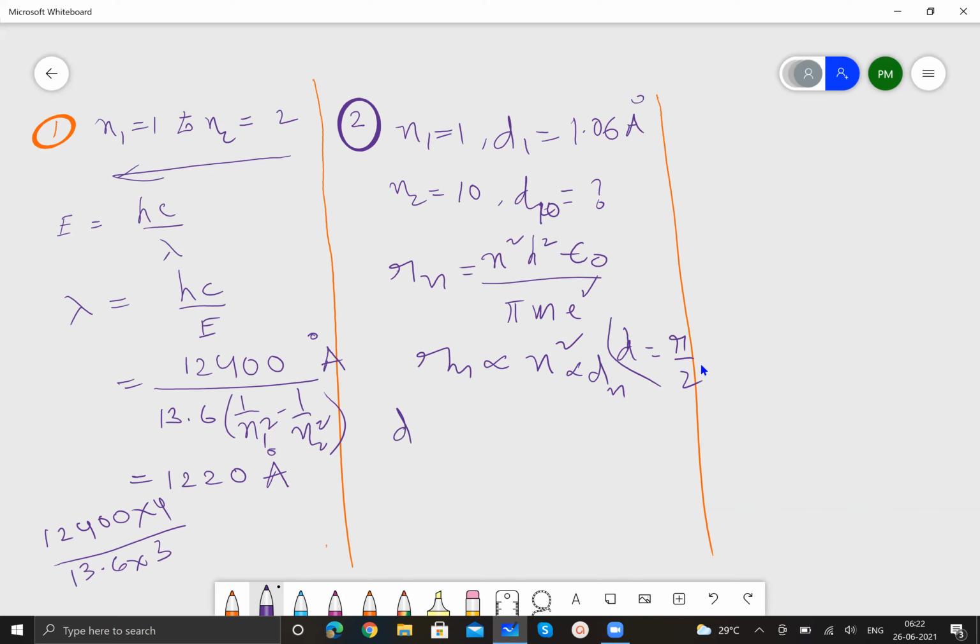So I can write d10 by d1 will be equal to n2 by n1 whole square, so it is 100. Therefore, d10 is 100 into 1.06, so it is 106 angstrom units.